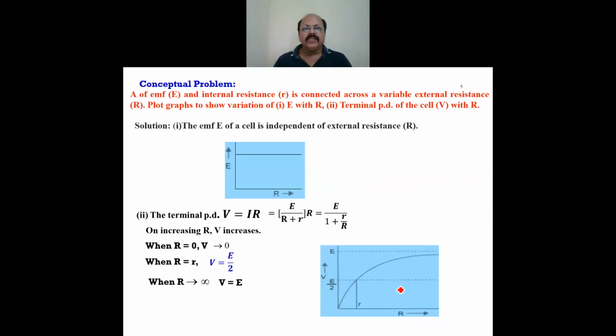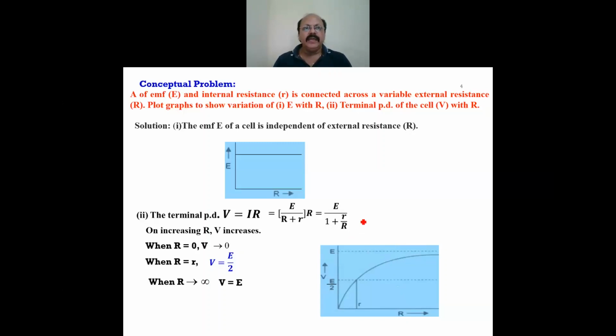Now we take one conceptual problem so that you can understand in a better way. This is also a very important problem. I think this problem came this year in the CBSE examination of class 12.